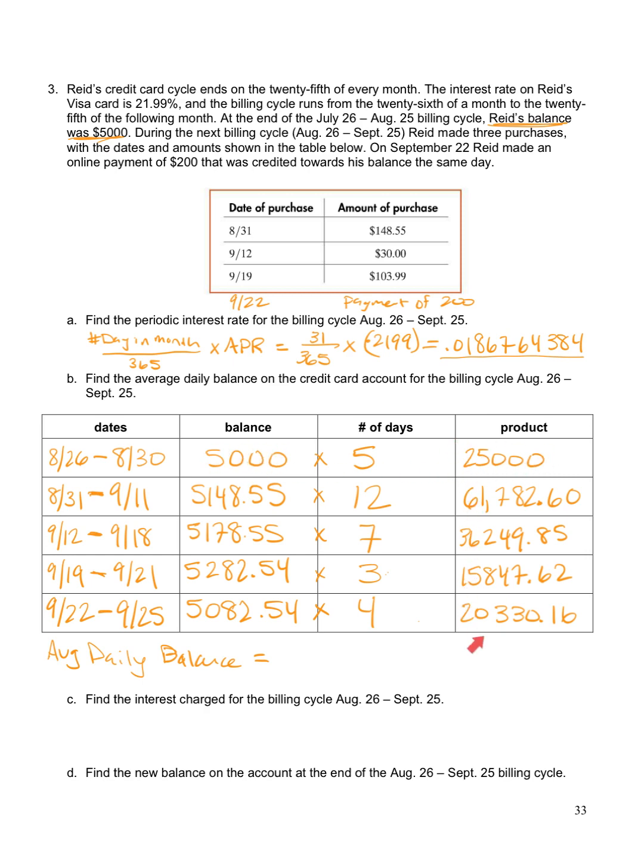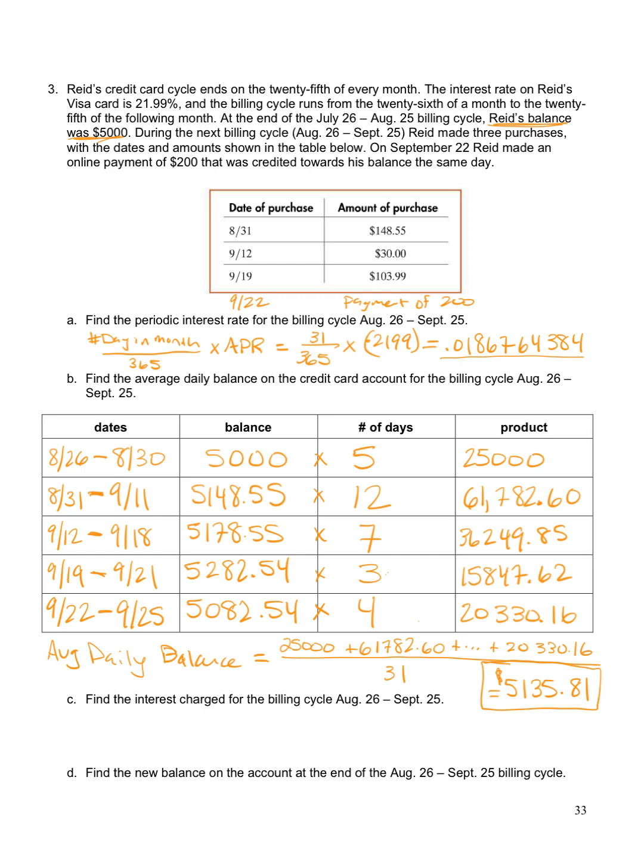So I'm going to add up these products and divide by 31. Okay, and that comes out to $5,135.81. Average daily balance.